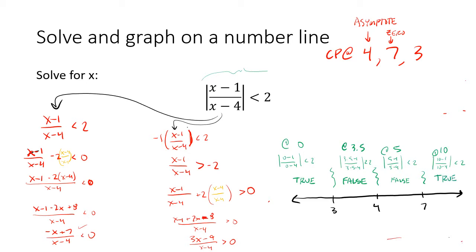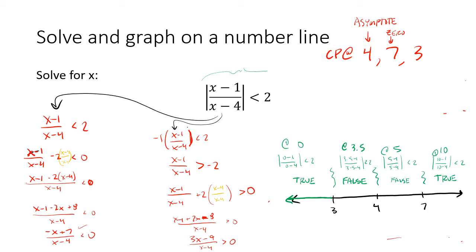Now, I didn't mention this before, but the power of the boundary method is that since we've established these critical points, we know that every point between these points has the same behavior, which is why we can shade. It means that everything from negative infinity to 3 has the same characteristics. It's all going to be true for that part, right?